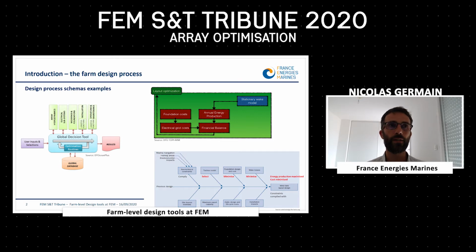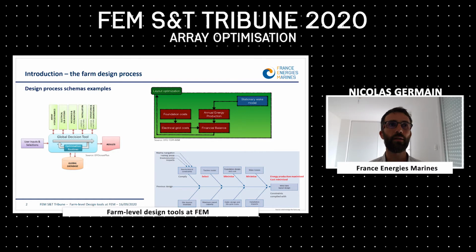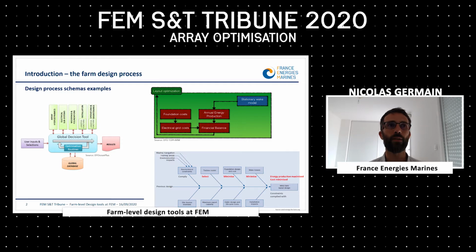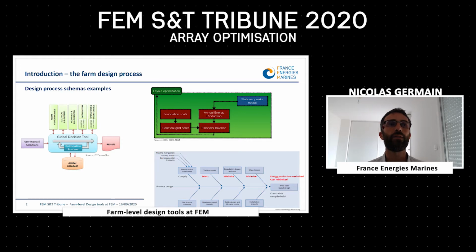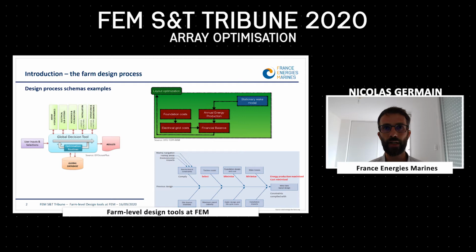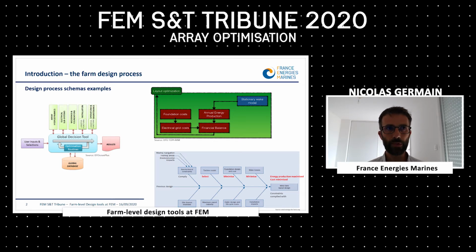First, the layout is defined, or hydrodynamic, it's named here, and the machines will be placed so as to harvest the maximum possible energy and minimize wake losses. Second, the optimized discipline is electrical topology and subsystems, so designing the interior cable, export cable, and substation.